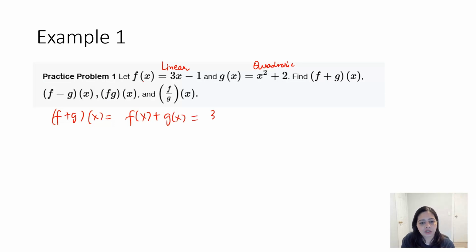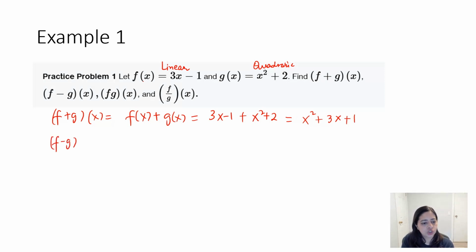So f(x) is 3x minus 1 and g(x) is x squared plus 2. So you simply add them, combine like terms. There's only one x squared term, there's only one x term, but there are two constants, minus 1 plus 2. Adding them up, you get plus 1.